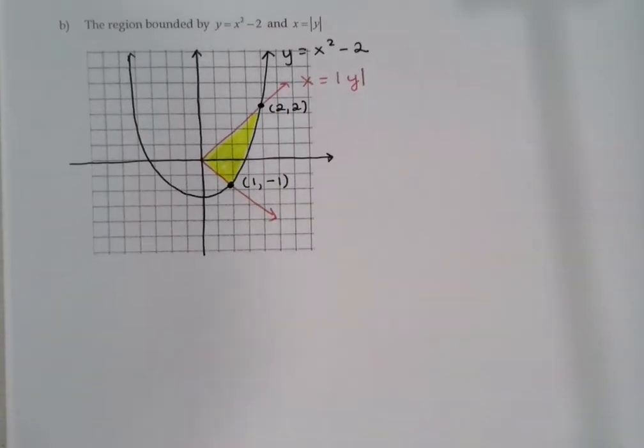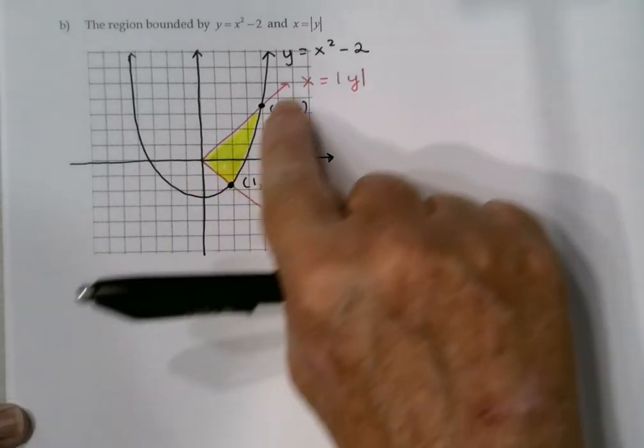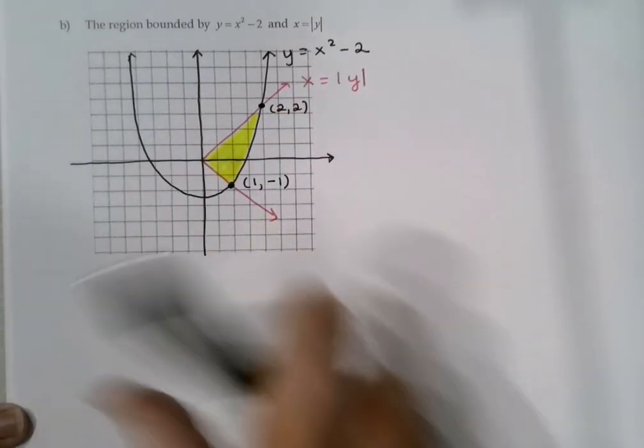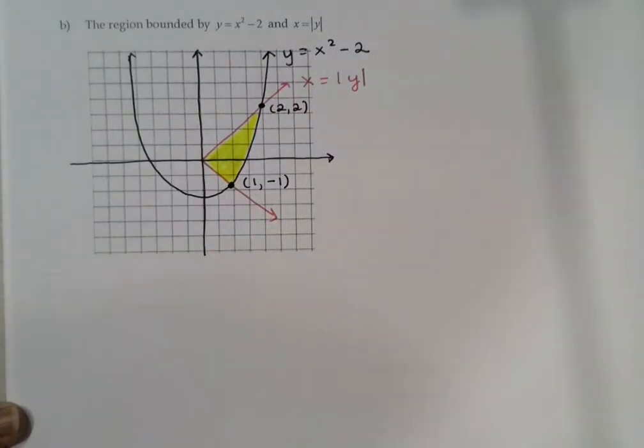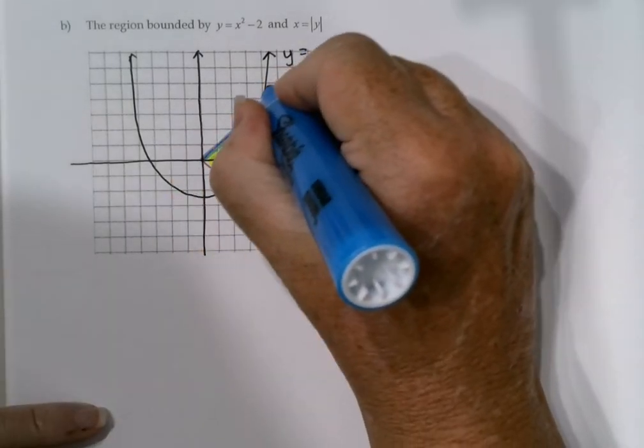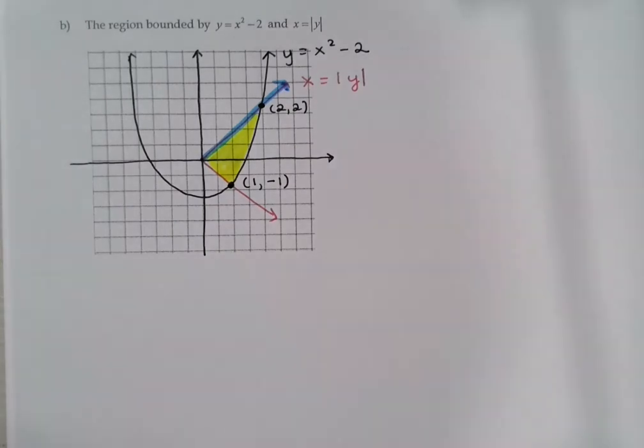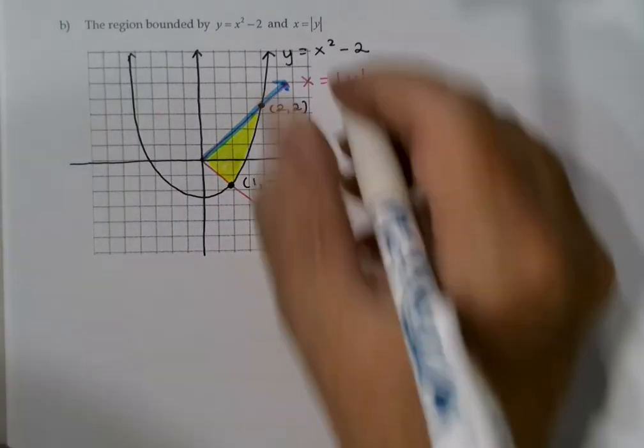So, because I can't put the absolute value in an integral, we have no formula for integrating the absolute value, what I'm going to do instead is think of this as its two pieces. This one, let's see, would actually be x equals y.